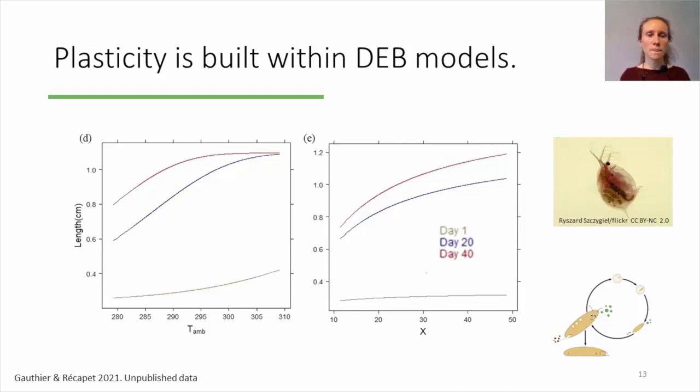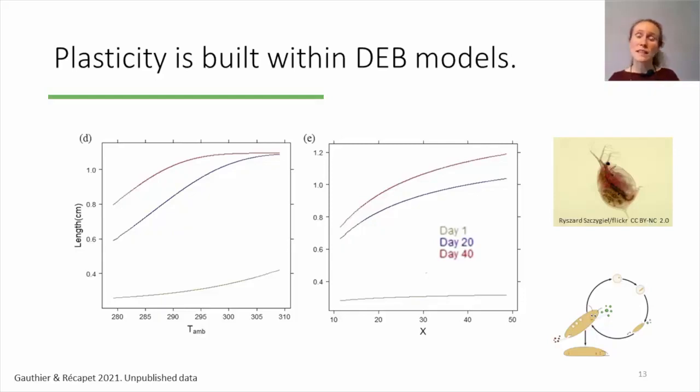For example, here we see that the response of length to temperature is stronger at high temperature in young individuals, but when the individuals are older, around day 40 for Daphnia here, some individuals will already have reached their maximum size, and as temperature is influencing growth but not maximum size, then we see that the higher temperature does not have any more effect on length.